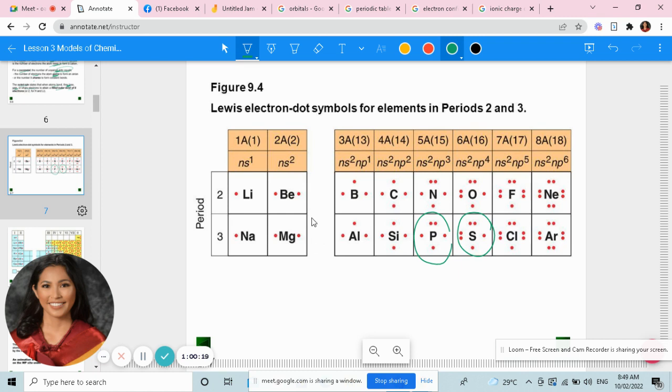As you can see, the number of dots is the number of electrons, which is equal to the valence electrons. Unpaired electrons are very reactive, so they form new bonds with another atom.